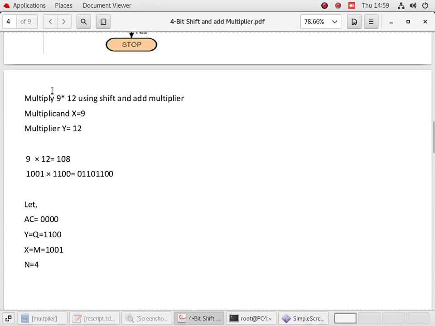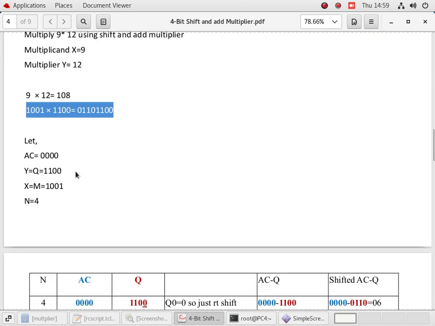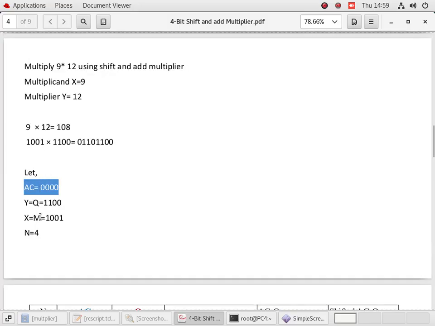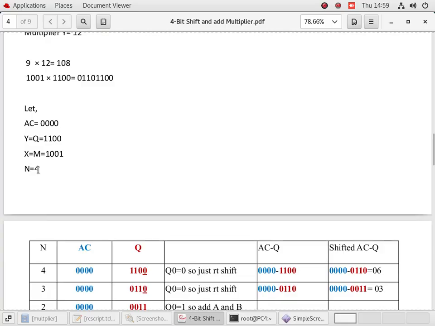So in this example, as we told, we have considered 9 and 12. 9 will be the multiplicand and 12 is the multiplier, which is y. This is the decimal equivalent and this is the binary equivalent of it. We have considered the accumulator, which is a 4-bit number, and y is q and x is m, and the n value is 4.